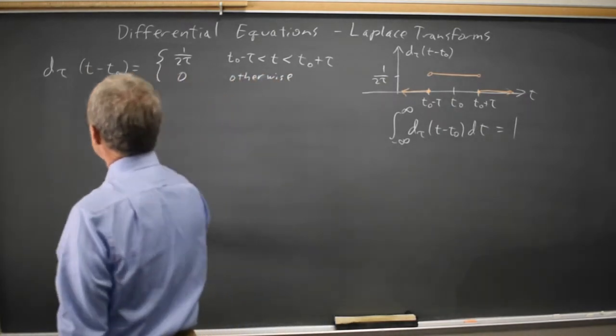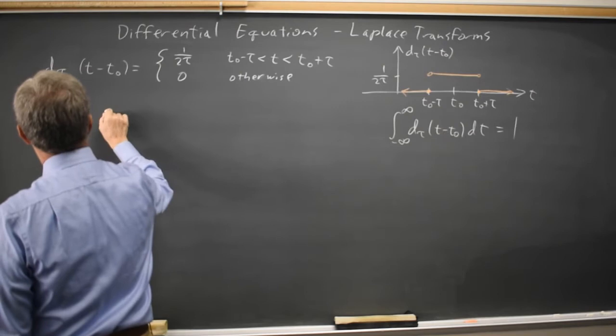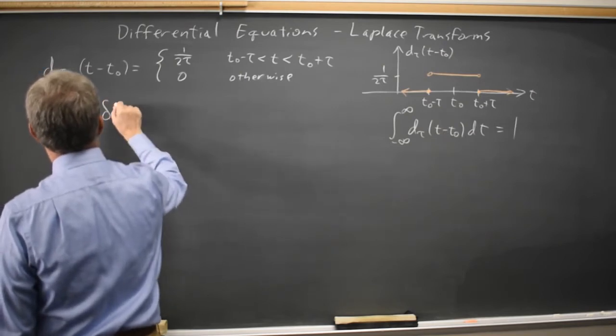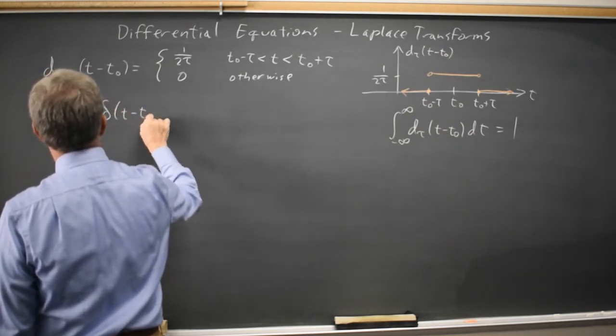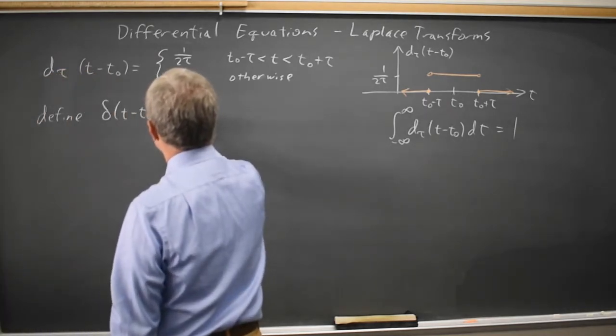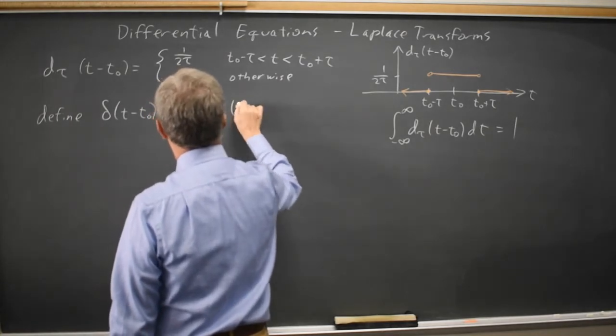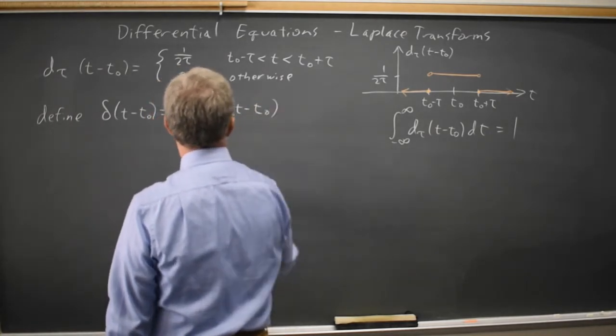And I'm going to define the Dirac delta function, delta of t minus t0, as the limit as tau goes to 0 of d tau of t minus t0.